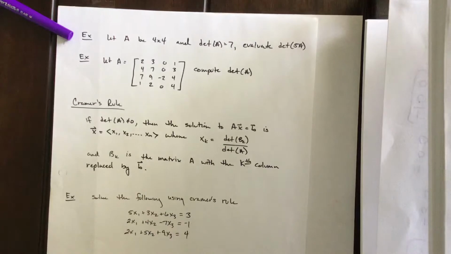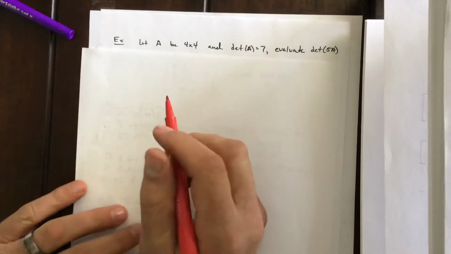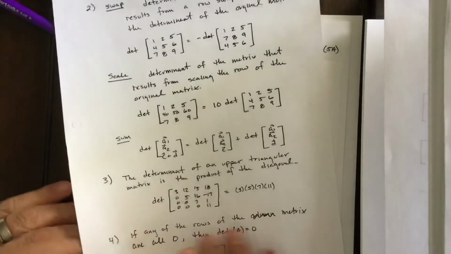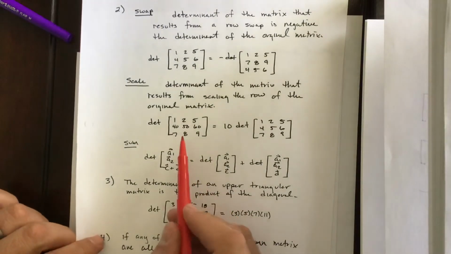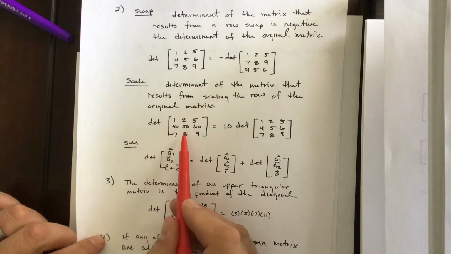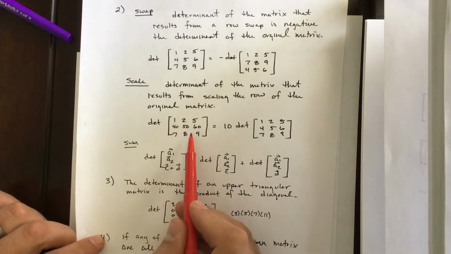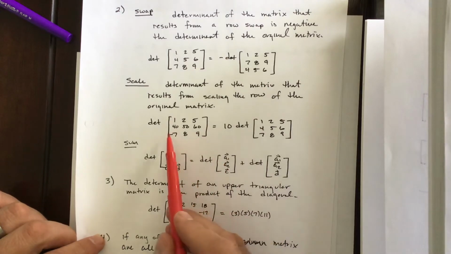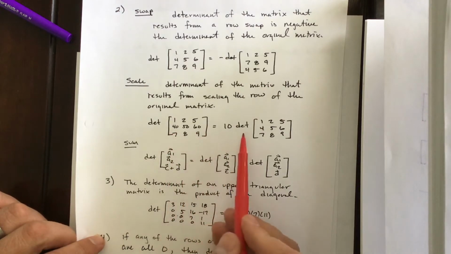So, just keep in mind when you do this problem the scaling property. When you scale a row of a matrix, the determinant of the new matrix is going to be that scalar times the determinant of the old matrix.